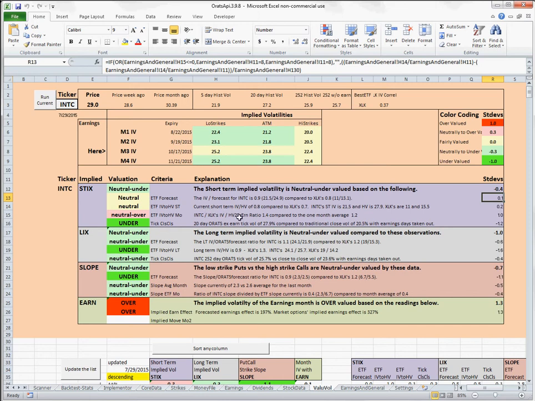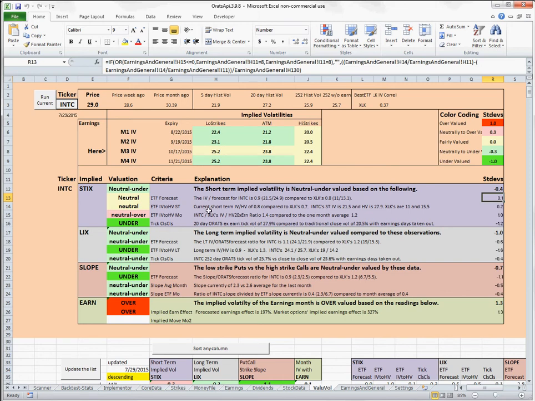So we'll do the 20-day implied ex earnings, the 20-day historical ex earnings, and compare that to its most related ETF and come up with that relationship. And again, it looks like the implied is slightly higher in relation from Intel to the XLK.